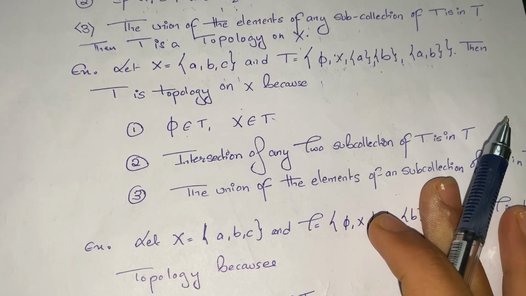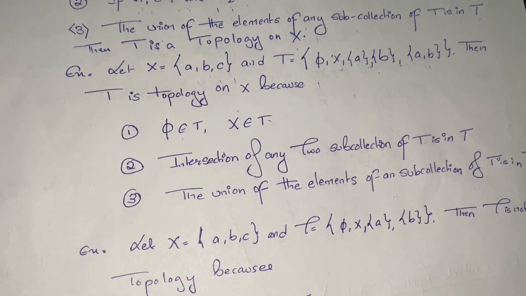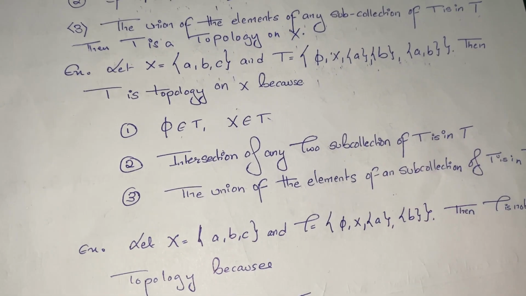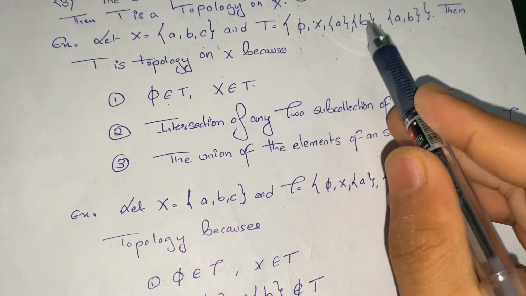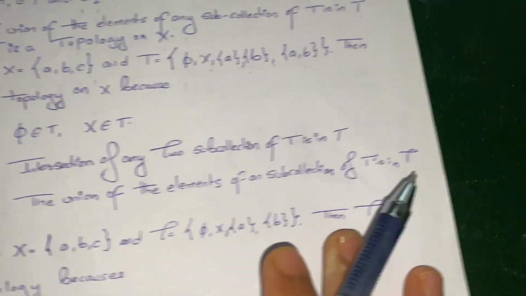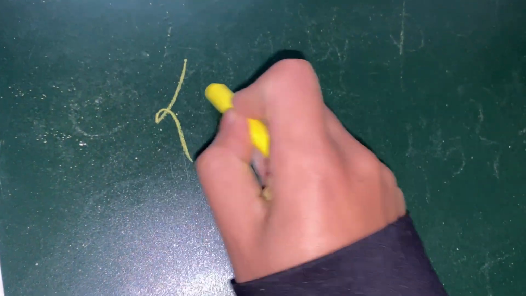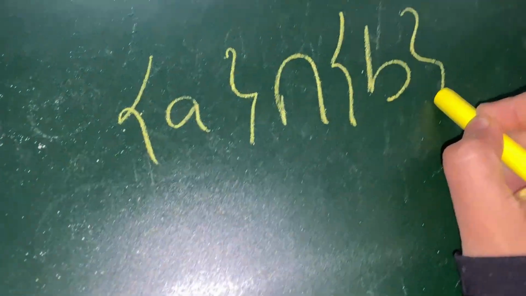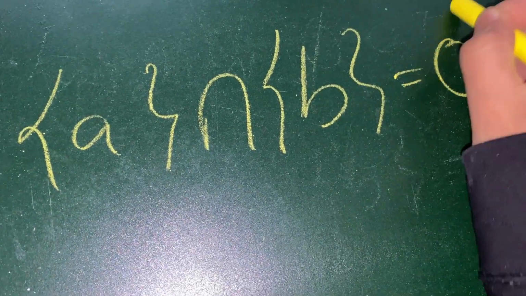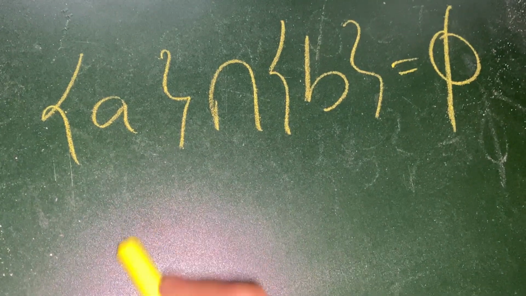And then the second condition is that the intersection of any two subcollections of T should be in T. So if you intersect {a} and {a, b}, then it will give you the null set, and the null set belongs to T.